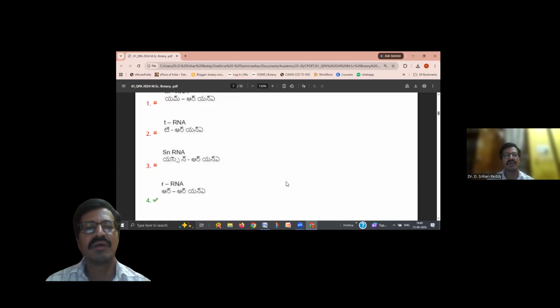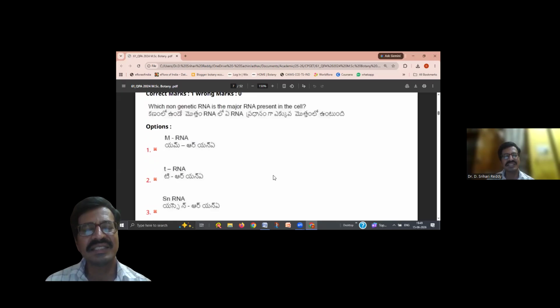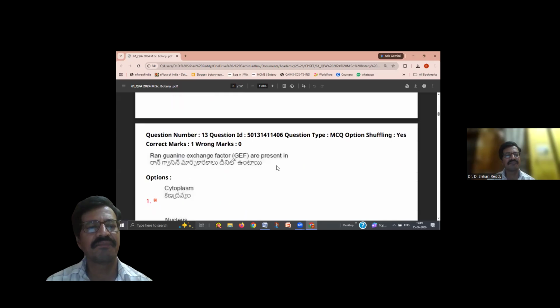Each cell has many ribosomes, and ribosomes are very important for translation. So rRNA is present abundantly in the ribosomes because ribosomes are made of ribosomal proteins and ribosomal RNA. So ribosomal RNA is the right answer. It is the major RNA present in the cell.